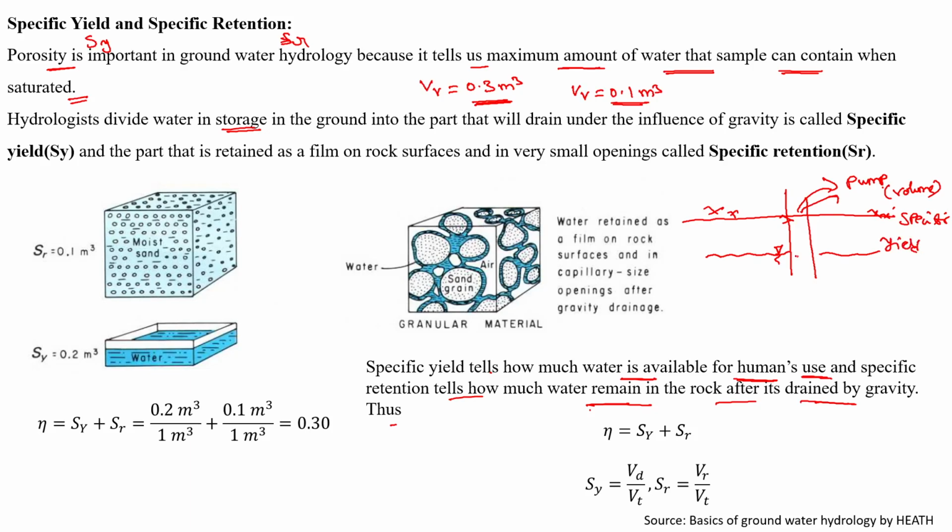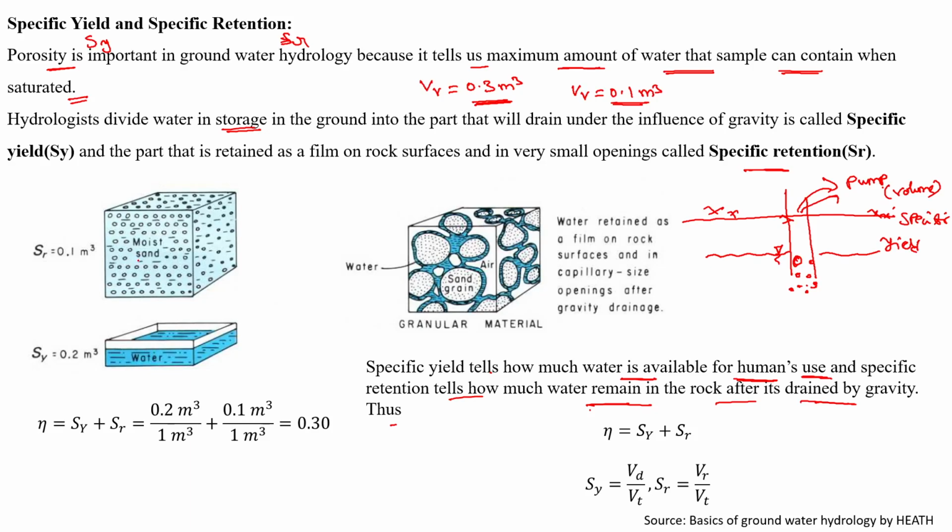Whatever amount of water is left, even after draining out the whole sample, can be called the specific retention. Specific retention is proportional to the pore size. If you go to finer sizes like clay or sand, there will be more specific retention compared to the specific yield.